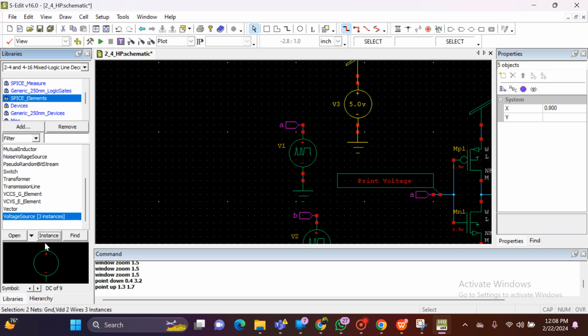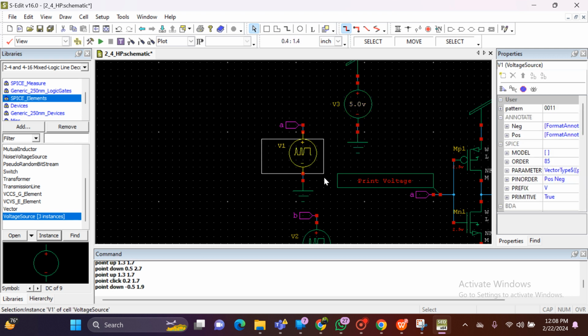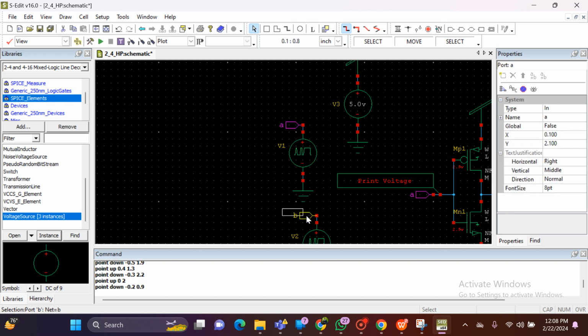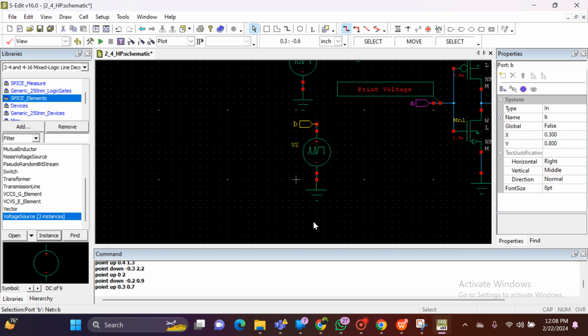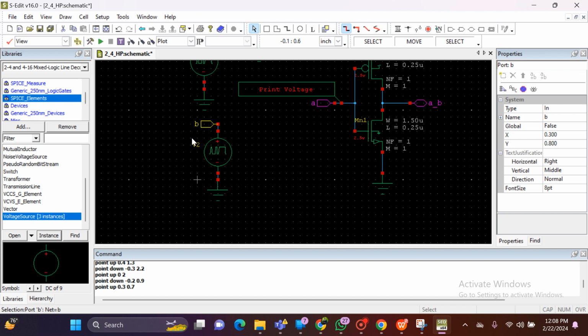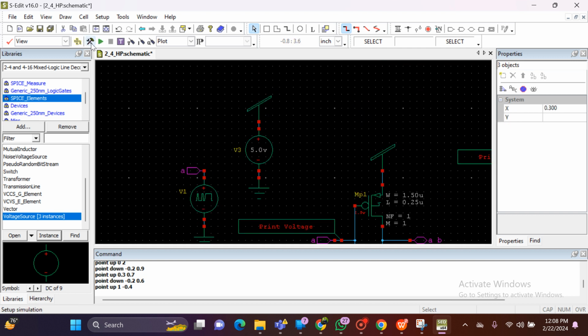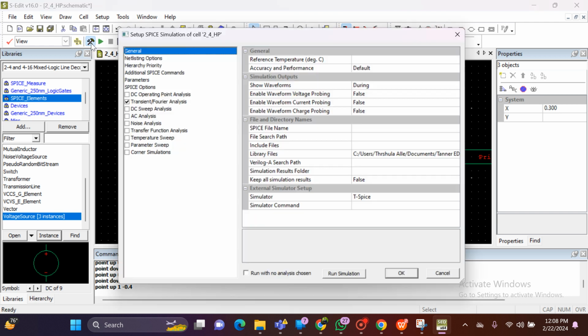One thing is this power source, DC of 9. Why is it not working? Some mouse problem. See here. This is the power source and this is the input source. I have connected my A input and my B input. Got it. Next we have to go for the setup simulation.